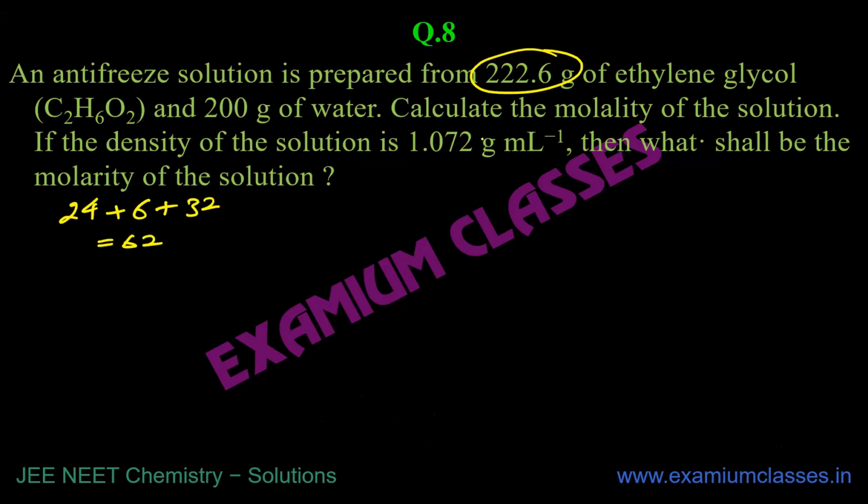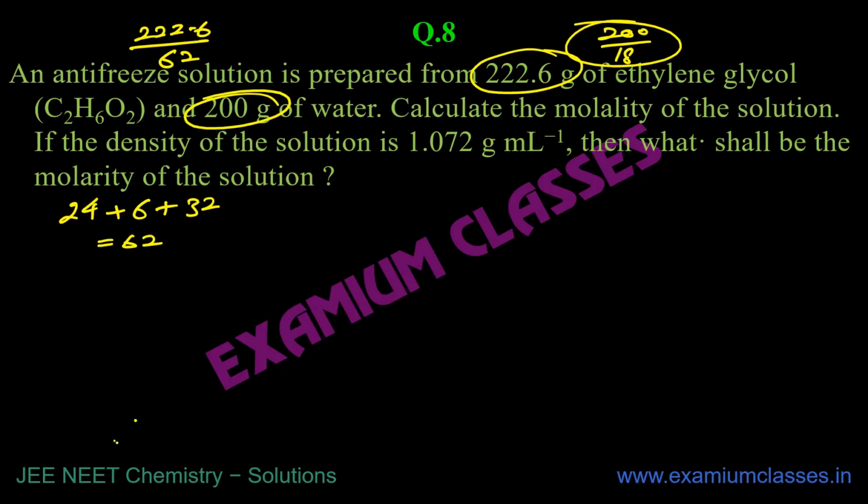So number of moles of ethylene glycol will be 222.6 divided by 62. And number of moles of water will be 200 grams divided by 18. Which one is greater? Obviously, this one is greater, much greater. So water, although by mass in less quantity, is solvent. Ethylene glycol is solute.